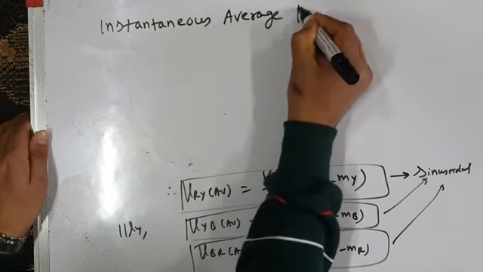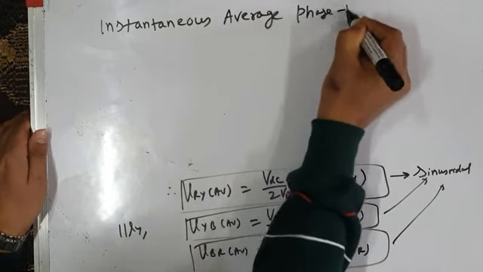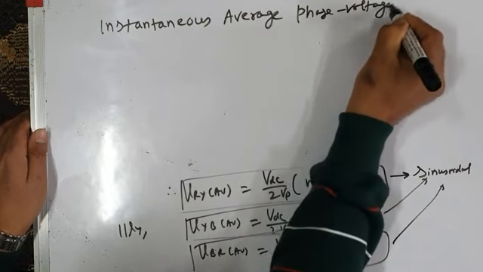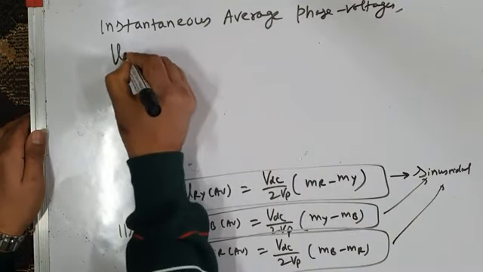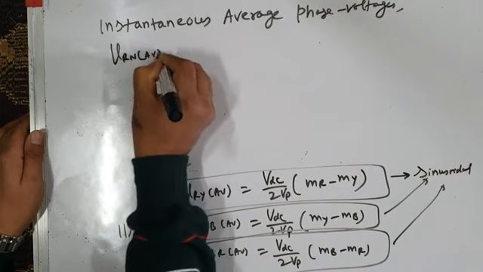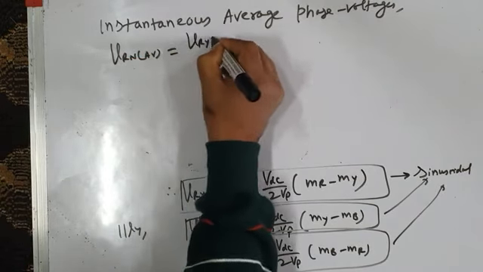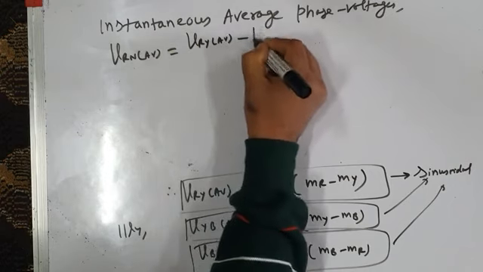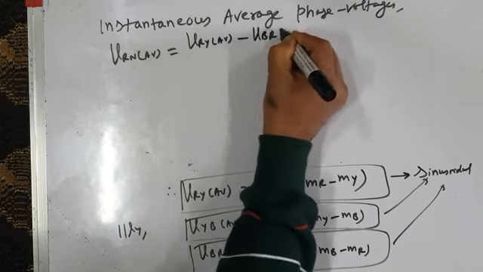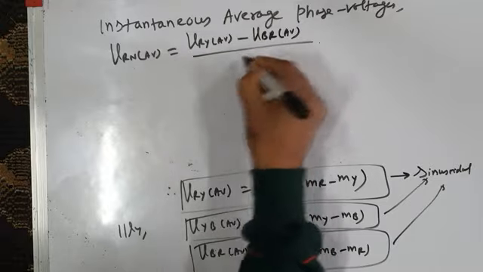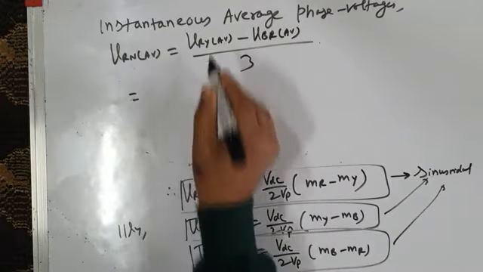Instantaneous average phase voltages. Let us take the instantaneous average phase voltage VRN average. Just a few moments back we have written it. It is equal to (VRY average minus VBR average) by 3. What is VRY average?